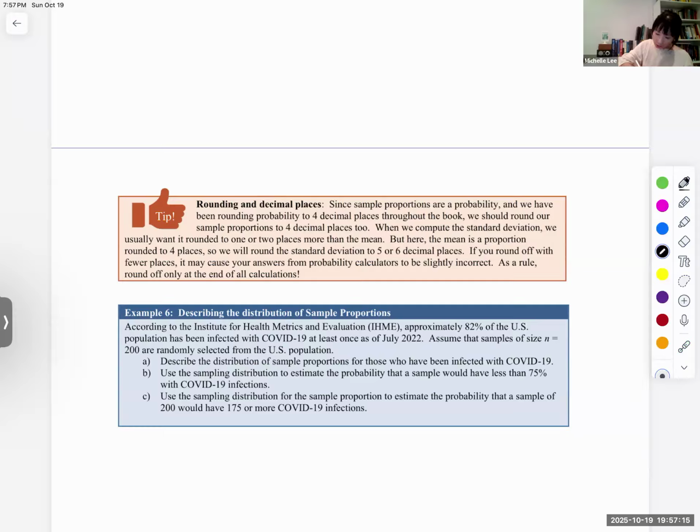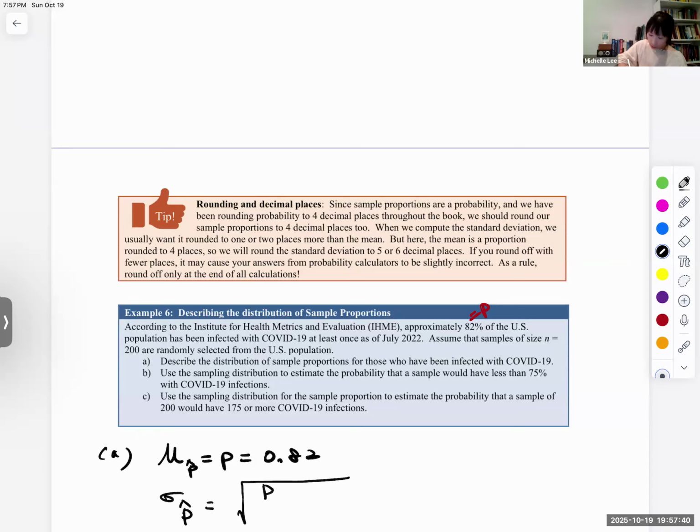So first, the mean mu sub p hat, which is p, which is 0.82, the population proportion. Sigma sub p hat is the square root of p times 1 minus p over n.